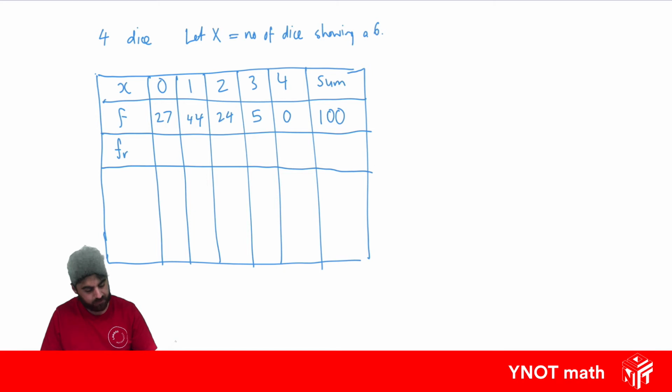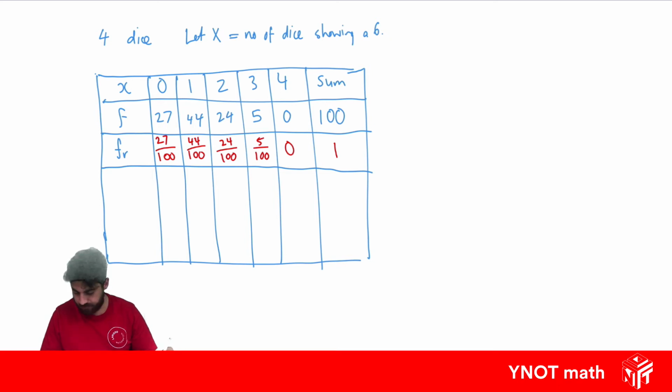To find our relative frequency, we just take our frequency and divide it by the total number of experiments. So here we get 27 over 100, 44 over 100, 24 over 100, 5 out of 100, and 0 out of 100, which will just be 0. And if you add all those relative frequencies together, you get 1, and that should always be the case.